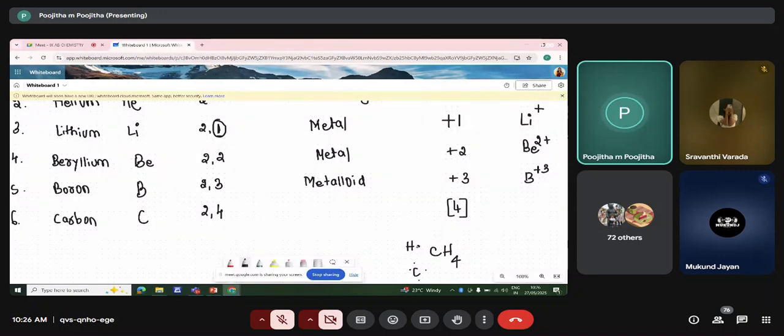How do they become stable? By sharing electrons mutually. That type of bonding is called covalent bonding, which you will learn in detail under the chapter chemical bonding. That is why there is no plus or minus. Carbon atom generally shares electrons.